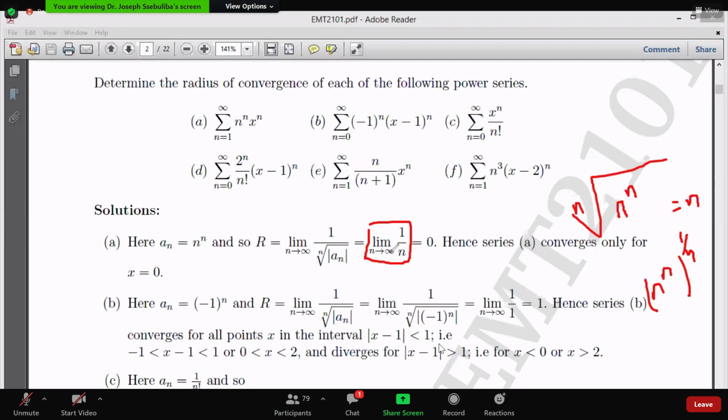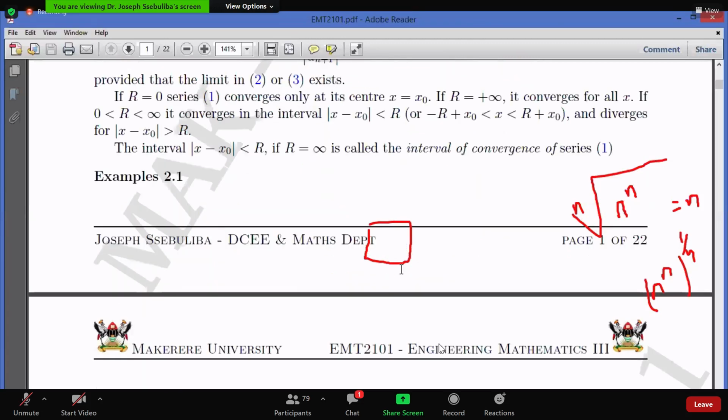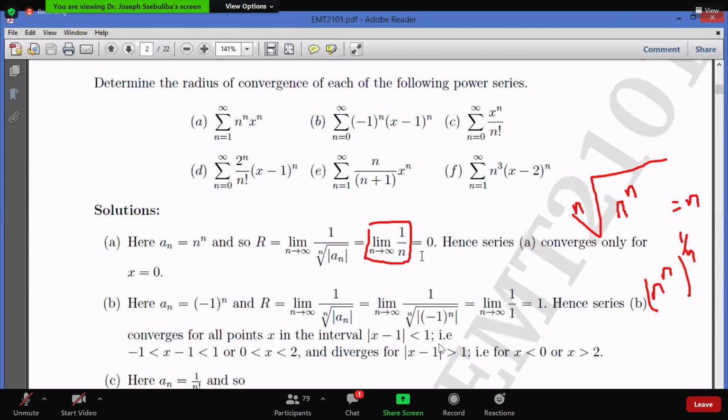But what is n? We are saying as n approaches infinity. That's what we said here in our definition. As n approaches what? Infinity. So if n approaches infinity, what do you end up with? Since it is 1 over n, 1 over something very big is basically 0. So 0 implies what? It implies that the limit exists, and since it exists, we say it converges for only x equal to 0.